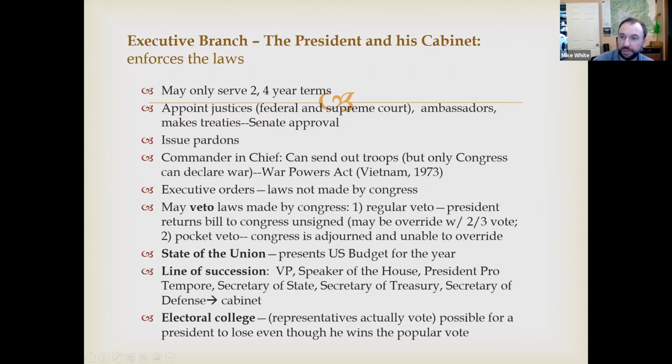So it's unlikely that you get that far down the list, but there it is just in case you want to know. And then at the very bottom there, the Electoral College. The Electoral College is the voting body that ultimately votes for presidential election.